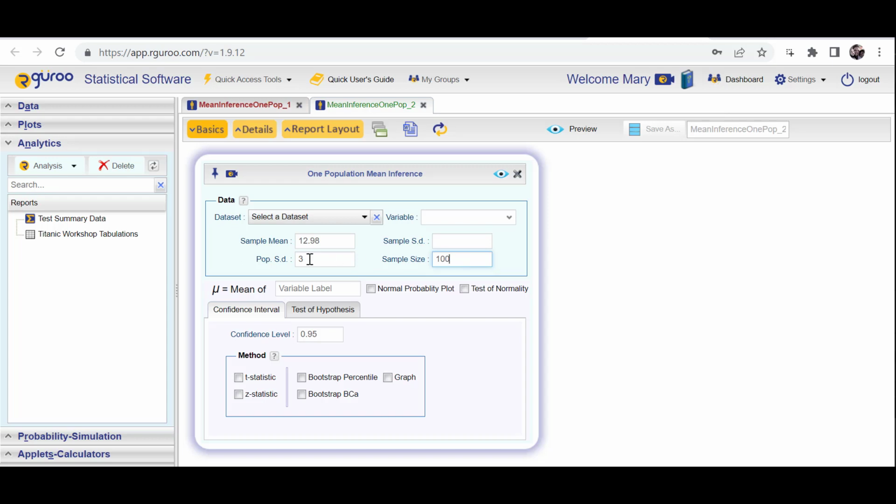All right, and then we're going to label the variable name, and the variable we're looking at is the mean number of years of education for adults in a certain large city.